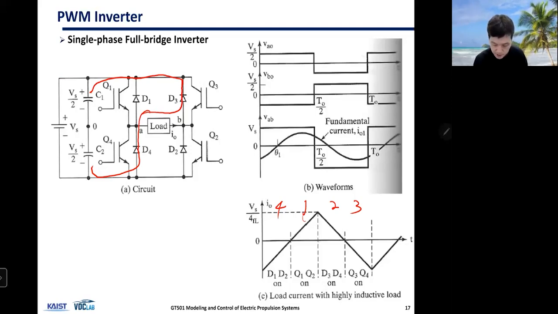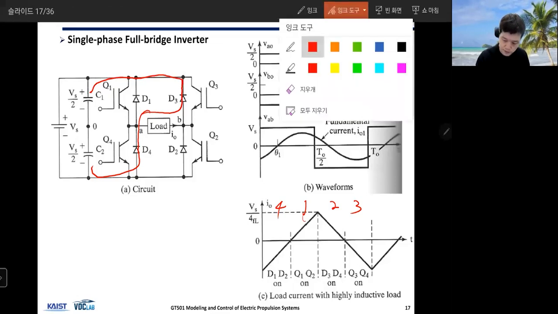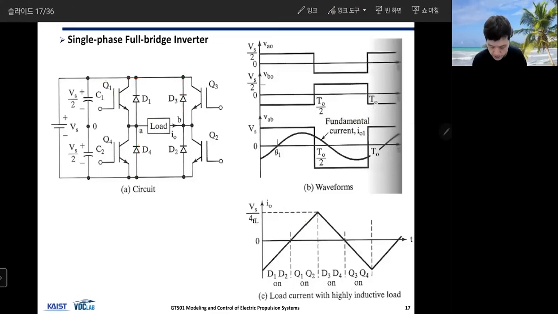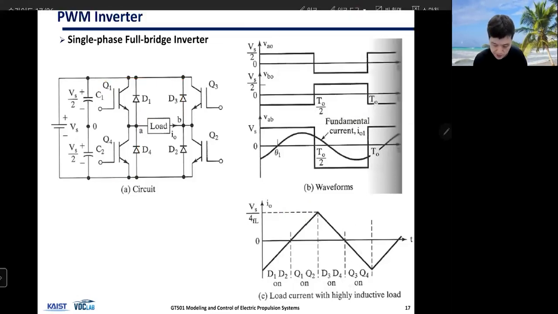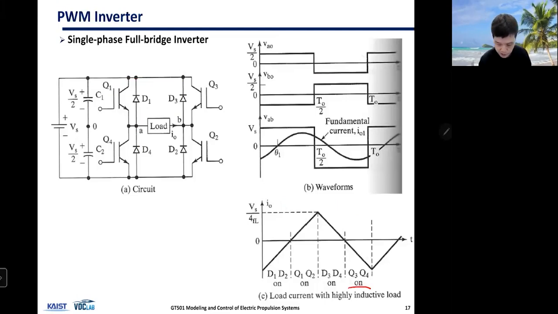And then if you move on to phase 3, you are going to close Q3 and Q4. And now we're going to have current flowing this direction.